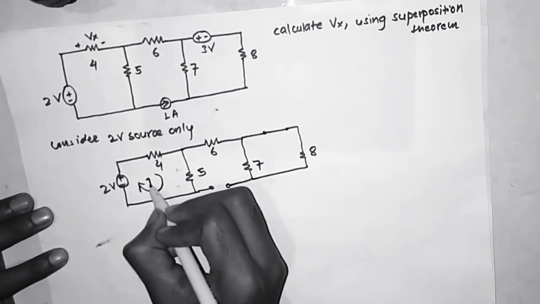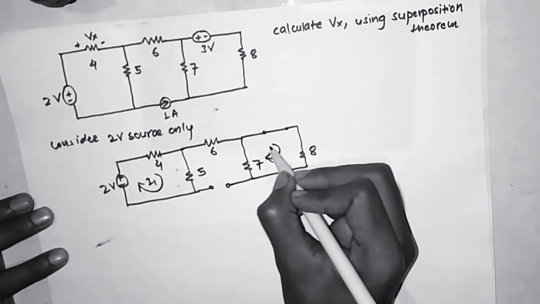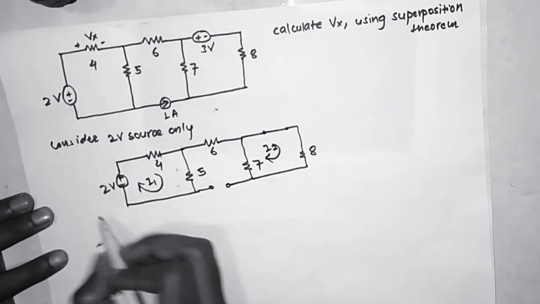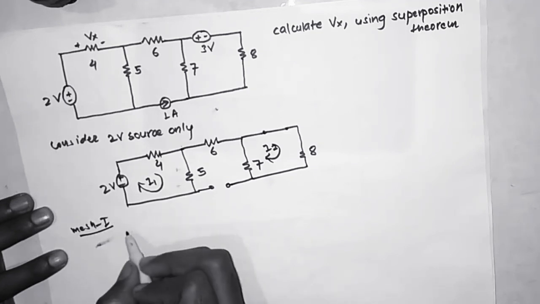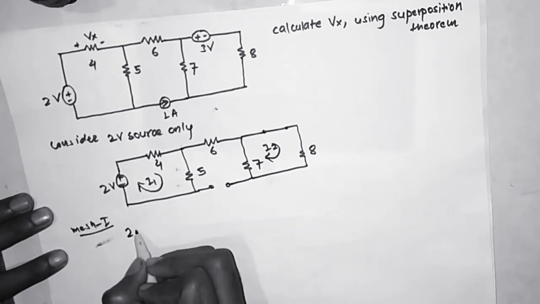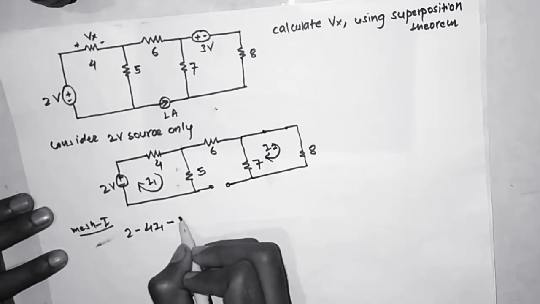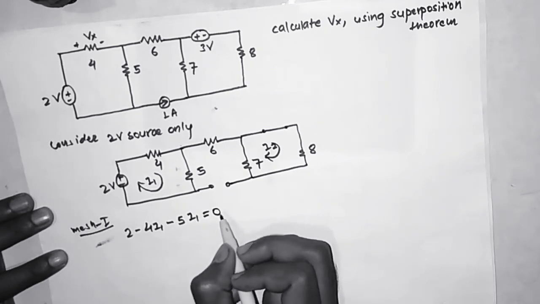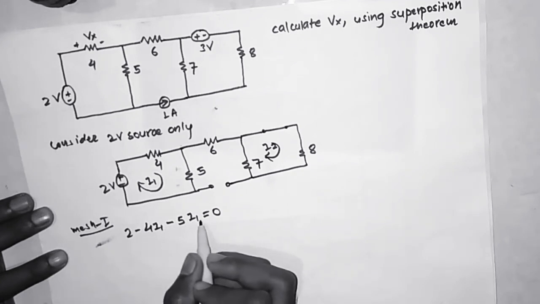Assume we assign I1 and I2. Applying KVL in mesh first, the current is in this direction, so 2 minus 4 I1 minus 5 I1 equals 0.